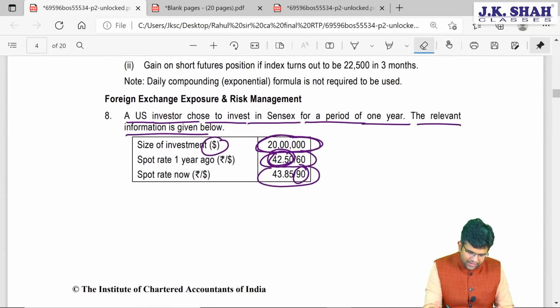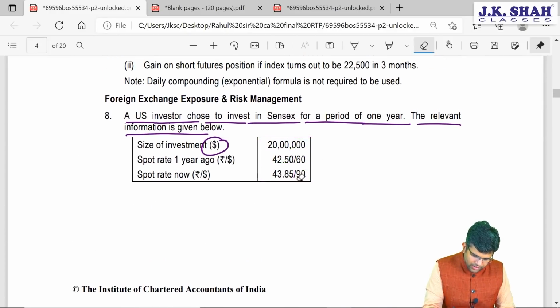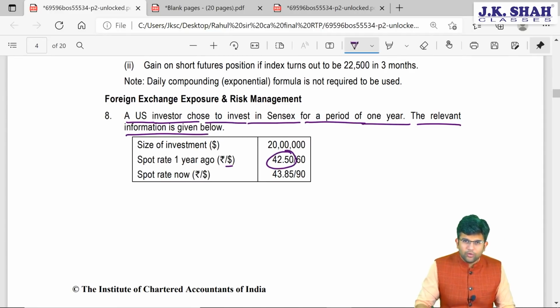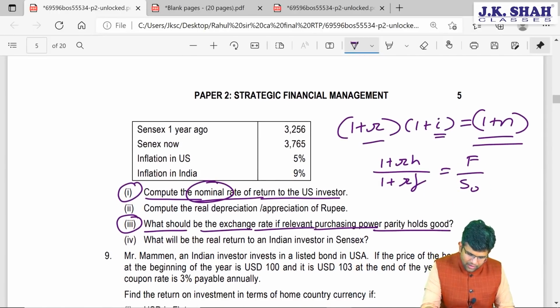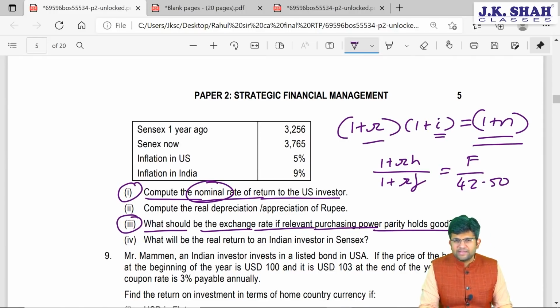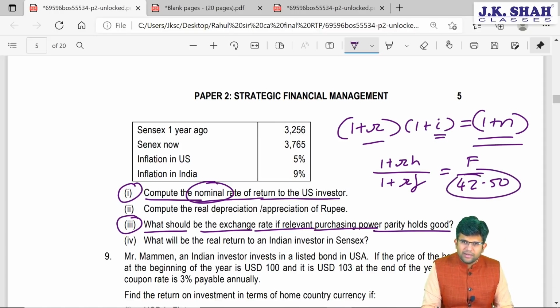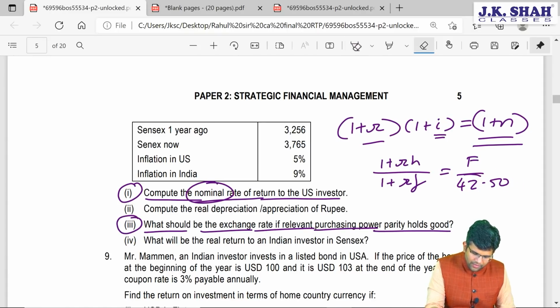Now students, here they have given you the inflation rates as well as the spot. Children, if I take the base spot here, $1 equal to rupees 42.5, and considering that I have taken the rupees as the price, we will consider India as the home for the purpose of calculation, right? If we would have taken dollars here, then we would have considered US to be the home, right? So moving on children, tell me what is the inflation rate for India, the home?